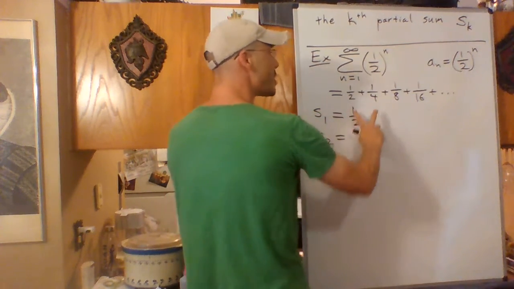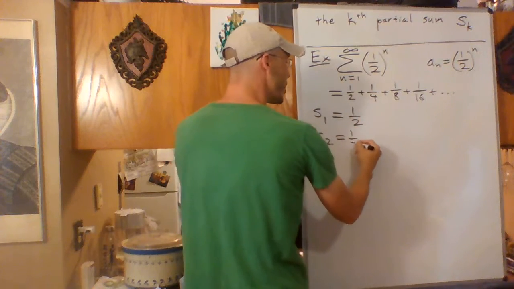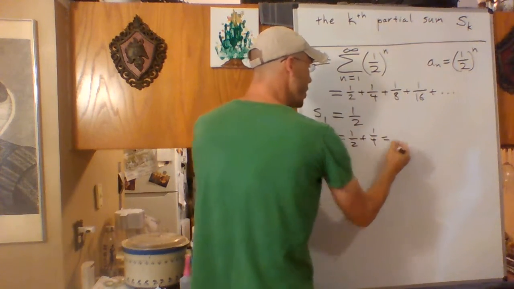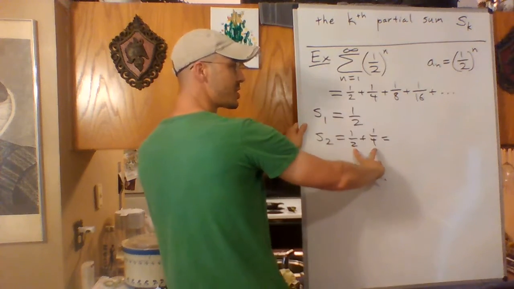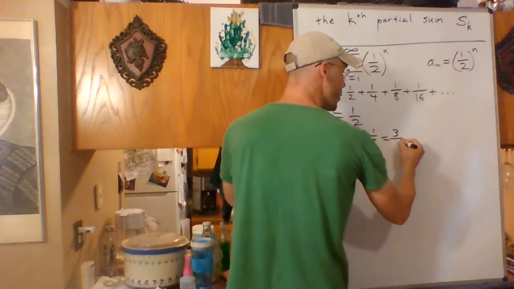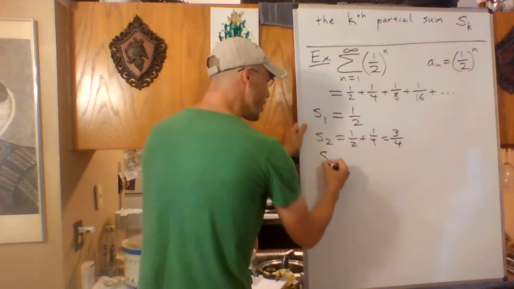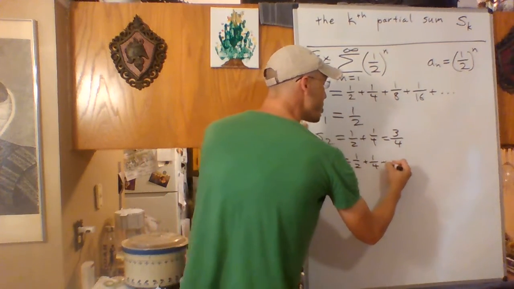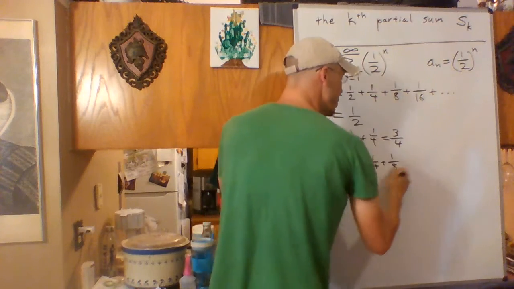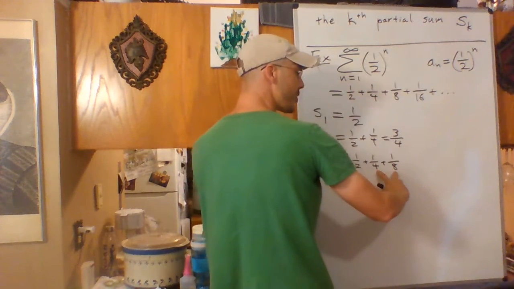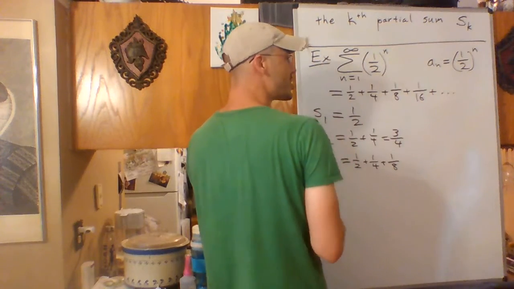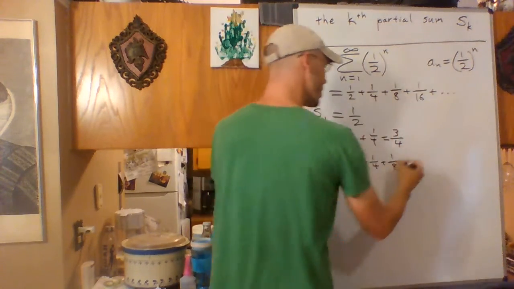The second partial sum, the sum of the first two terms, is 1/2 plus 1/4, which is 2/4 plus 1/4, that's 3/4. The third partial sum is 1/2 plus 1/4 plus 1/8. These terms are getting half as large each time; the denominators are doubling, in other words.